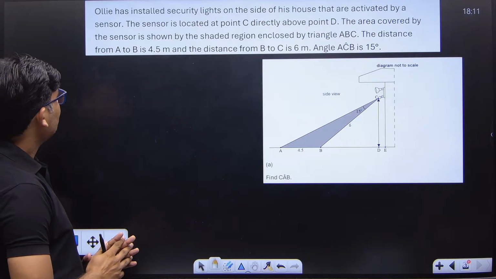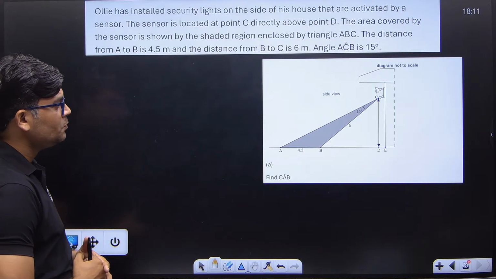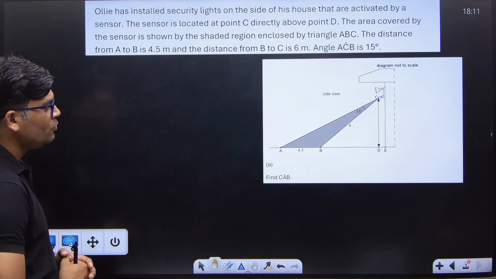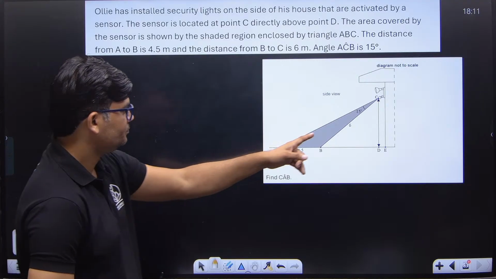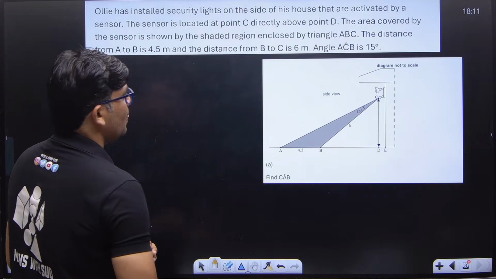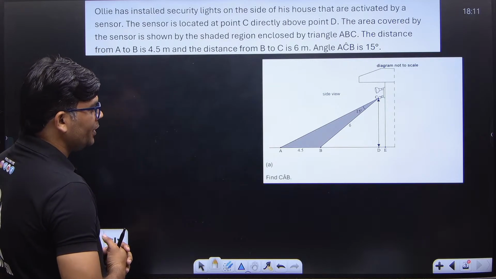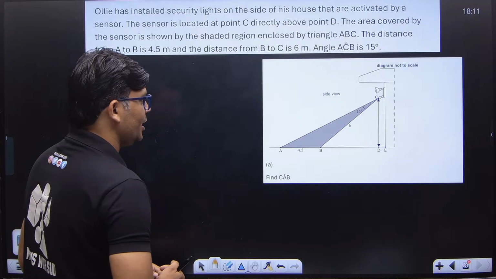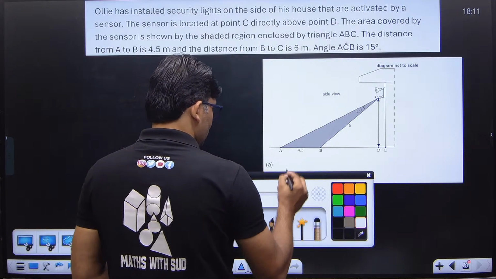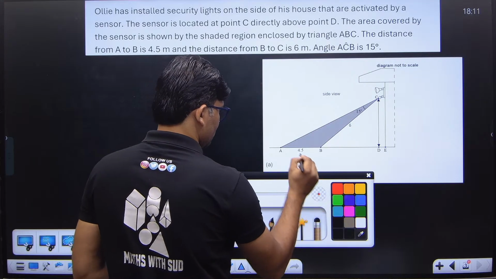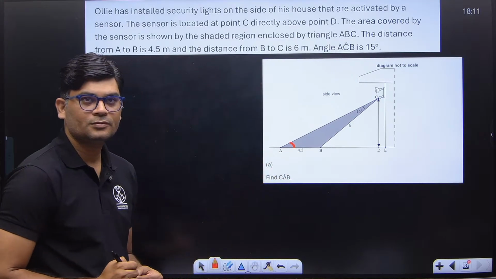The distance from A to B is 4.5 meter and the distance from B to C is 6 meter. Angle ACB is equal to 15 degrees. Find angle CAB. They are asking about this particular angle, CAB. So how to do this?